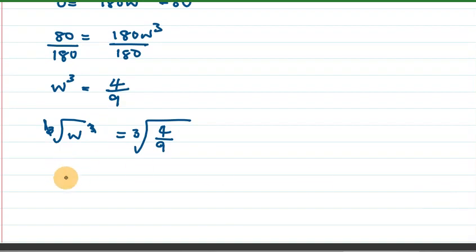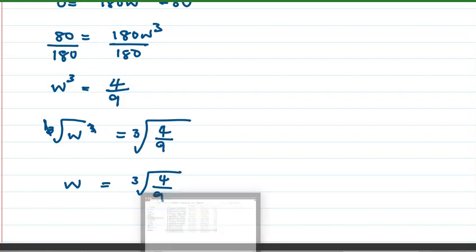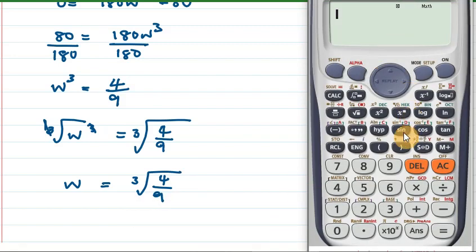You end up with W being equal to the cube root of 4 over 9. So from there, you take your calculator and calculate that. You want to find the cube root of 4 over 9, which is 0.763 and so on.